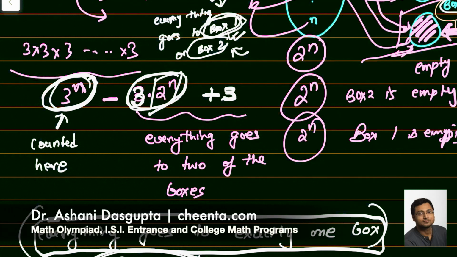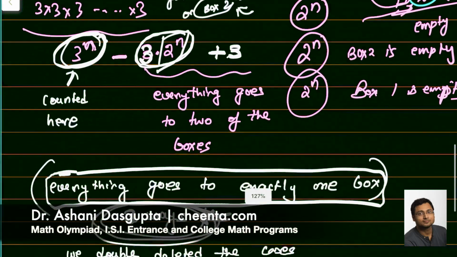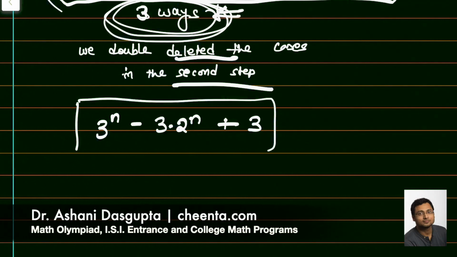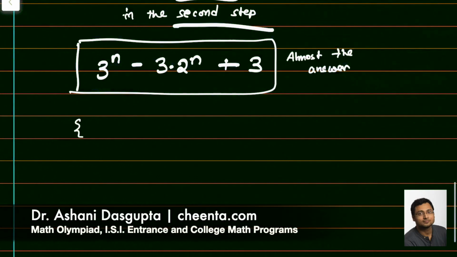Now, this particular number, 3 to the power n minus 3 into 2 to the power n plus 3, this number is almost the answer. But you have to take into consideration the situation that we are considering the three boxes to be different.